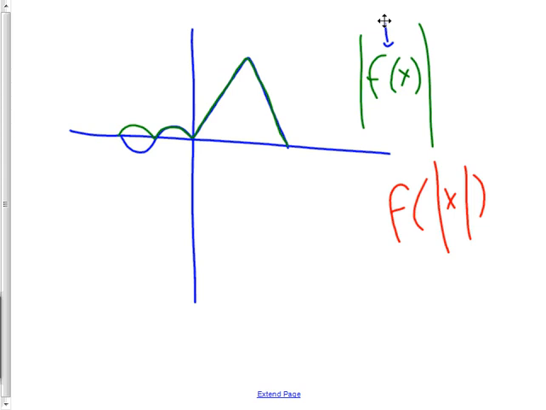That means everything over here on the left side needs to disappear, and then whatever was on the right side would get reflected over here. Final answer, again. This is the axis I'm drawing back in here. Any questions on those? All right.